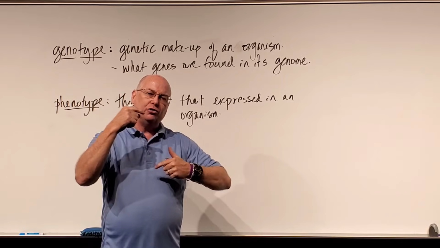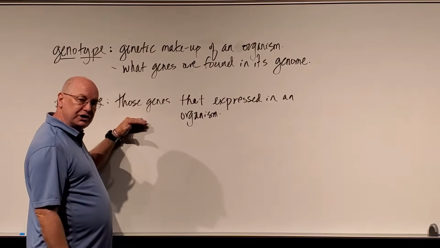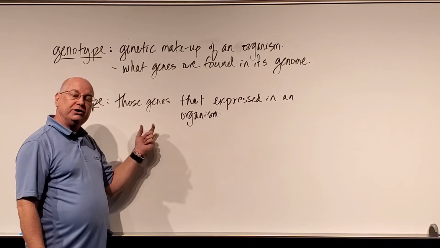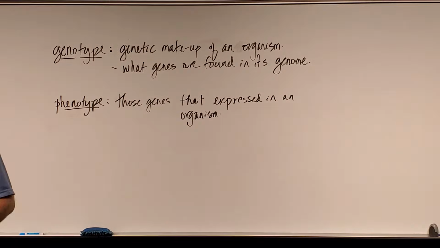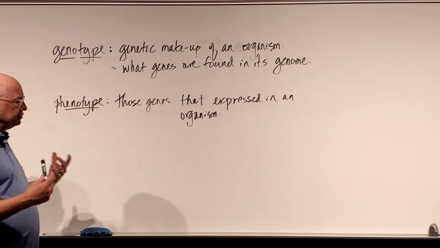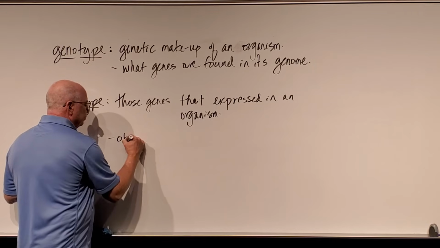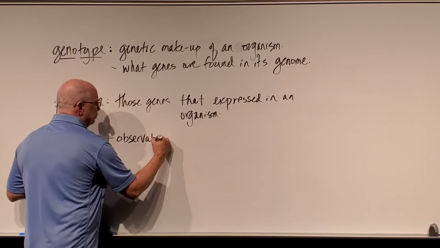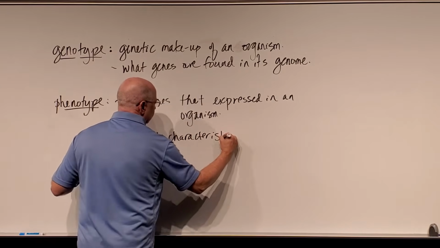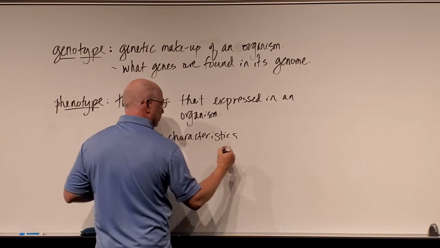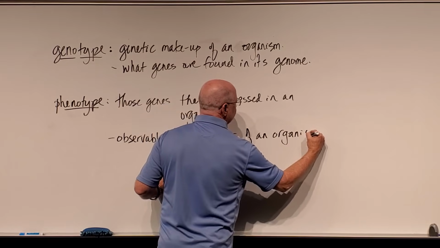Not always are those genes expressed. The phenotype is what you see in the organism, which gene is expressed. And this requires us to go into some complex genetics, and I'm not going to do that now. But we also define this as the observable characteristics of an organism. What genes do we see being expressed?